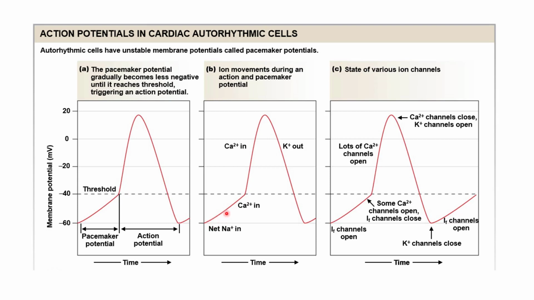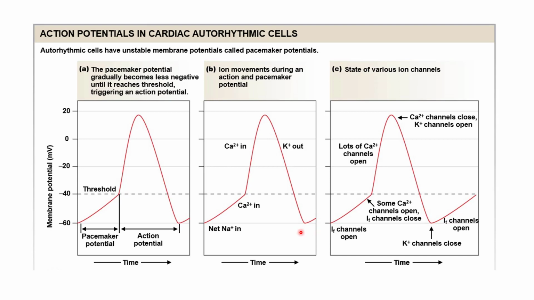So we start depolarizing, and then when we hit threshold, what happens is we trigger calcium channels to open. When these calcium channels open, the IF channels close, and we have a rapid depolarization until the calcium channels' inactivation gates close, and then we open our potassium gates to let the potassium out of the cell to cause our repolarization.